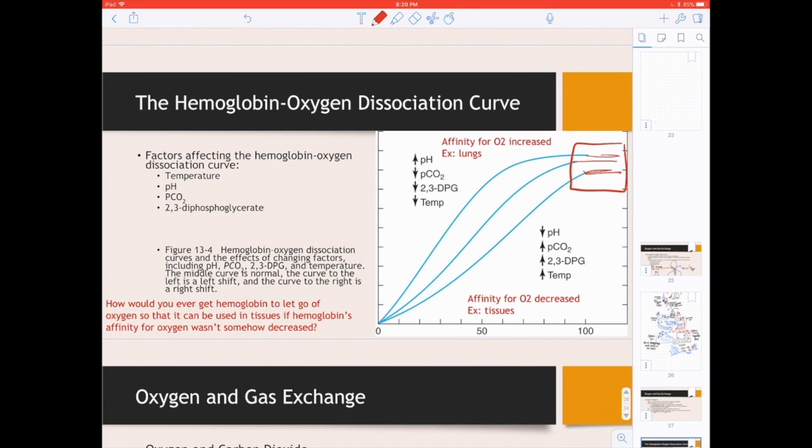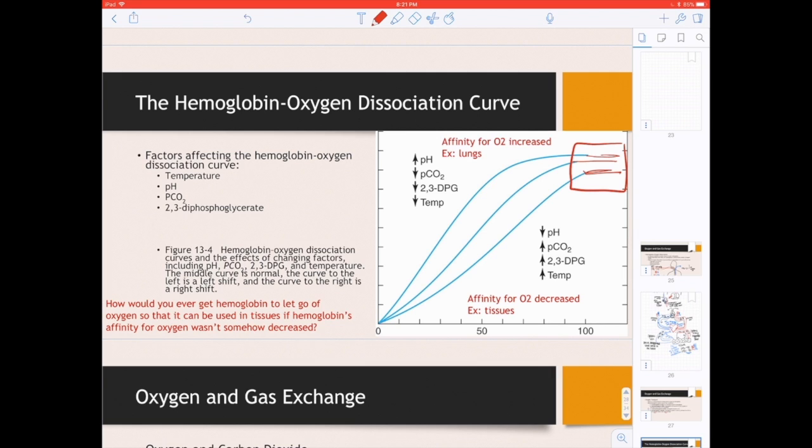Of course, temperature affects any kind of reaction. pH, of course, this is one of the many reasons why it's so important for us to regulate pH. The partial pressure of CO2, and 2,3-diphosphoglycerate concentrations, or 2,3-DPG.